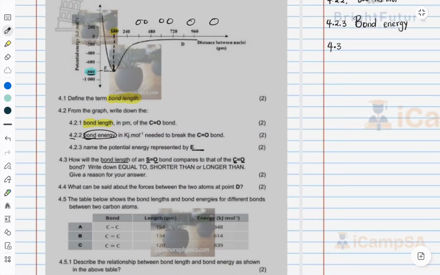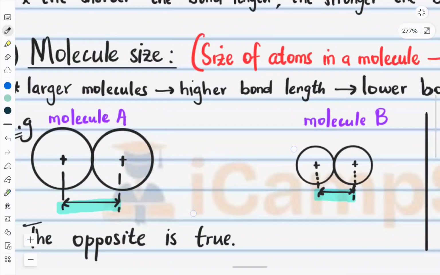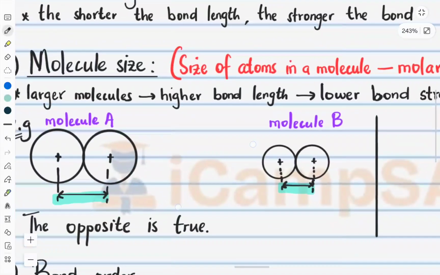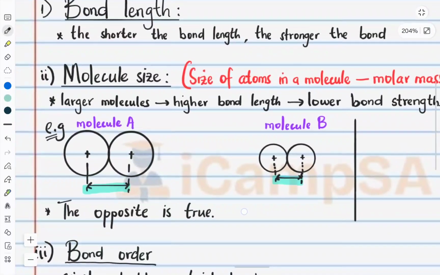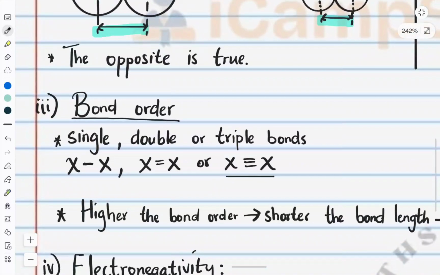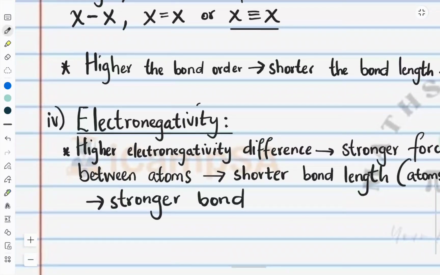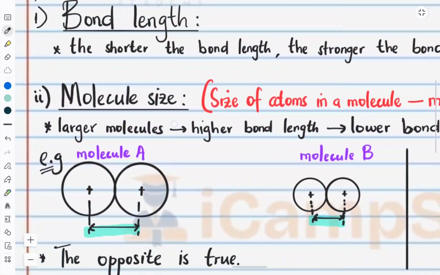If we compare molecule size, what's the comparison? That's one thing we can check. We can't use bond order because they are both double bonds, and electronegativity we can use as well, but for now let's use molecule size.